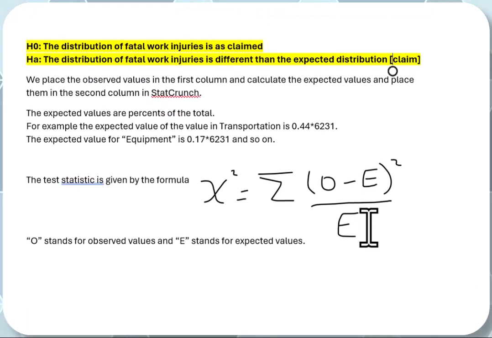If you were to do the test statistic by hand, it's a lot of work. You have to find all the E's. You have to subtract each E from each O and square them, and then you have to divide the difference by E, and then you have to add them up. But StatCrunch can do it all in one shot. Let me take you to StatCrunch and show you how to do the rest.